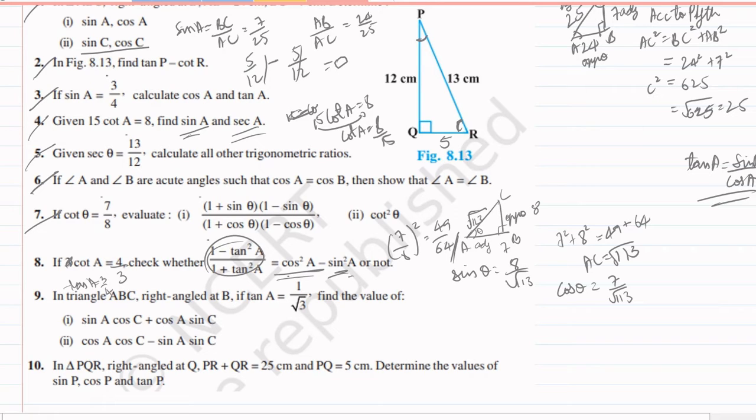In the ninth question, in triangle ABC, right angle at B, tan A is 1 by root 3, find the value of. So yeah, what's our tan? Tan is 1 by root 3. Tan is opposite by adjacent. So by Pythagoras theorem, the hypotenuse will be 2.